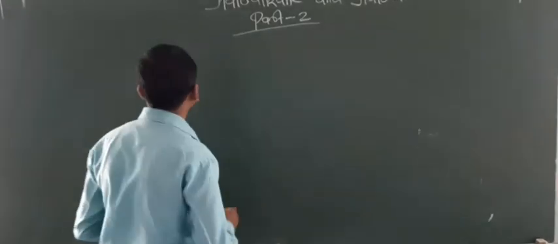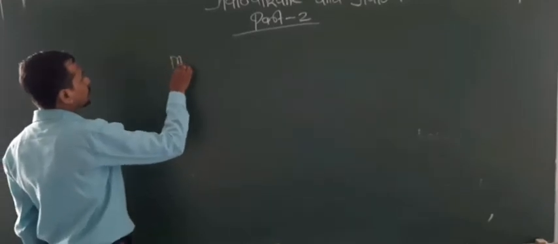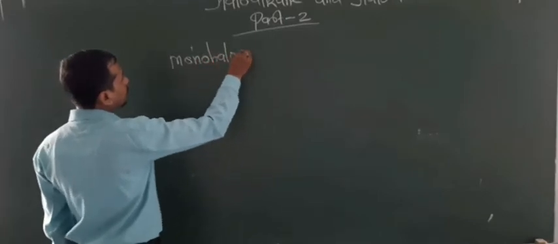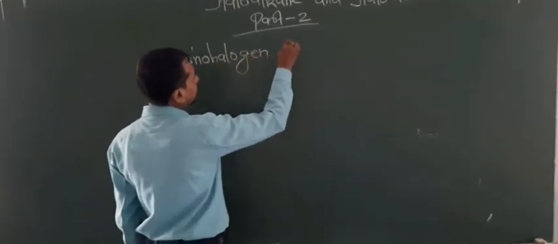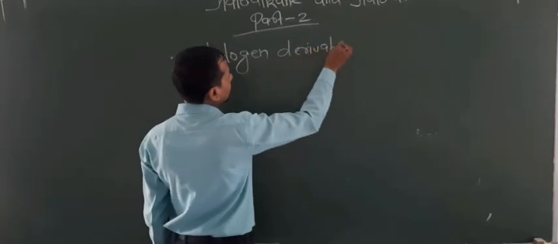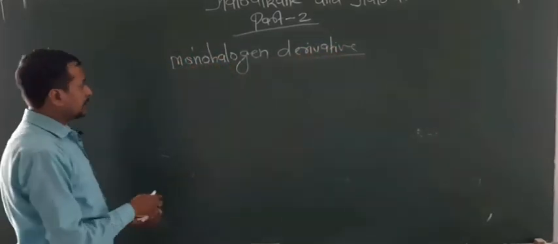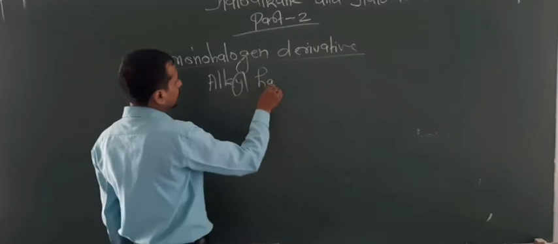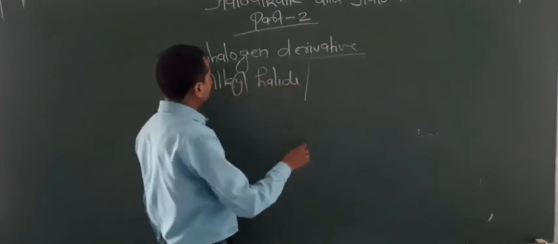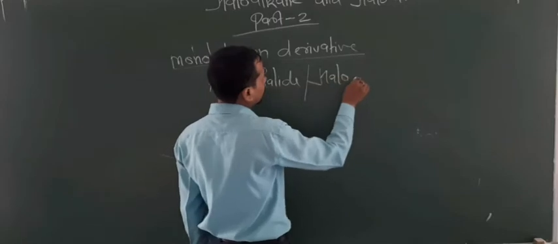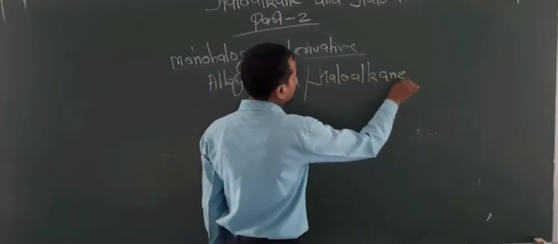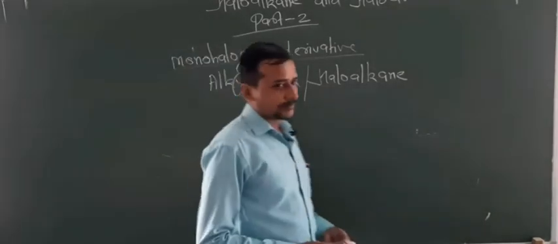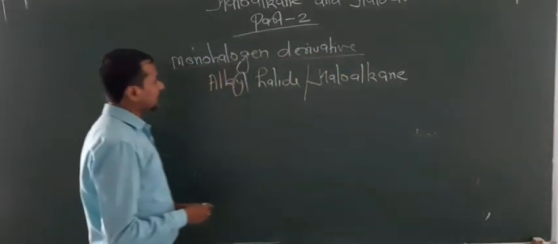Now students, in this chapter you only have to know about the monohalogen derivative. You have to know about alkyl or aryl halides, also known as haloalkanes. That means only one halogen is present on the alkyl group, so this is known as a monohalogen derivative.